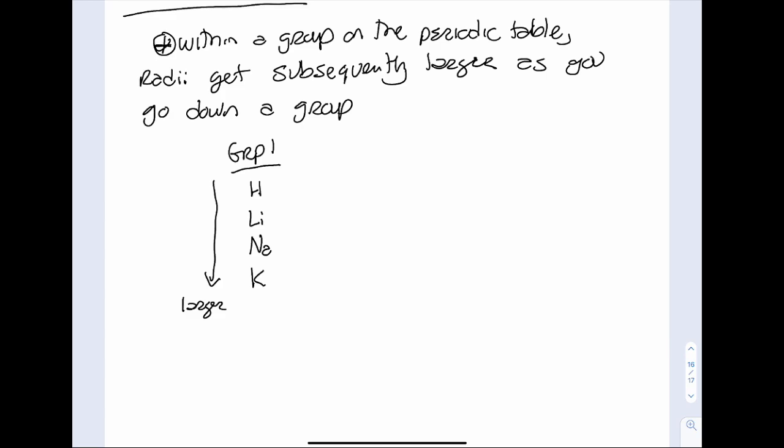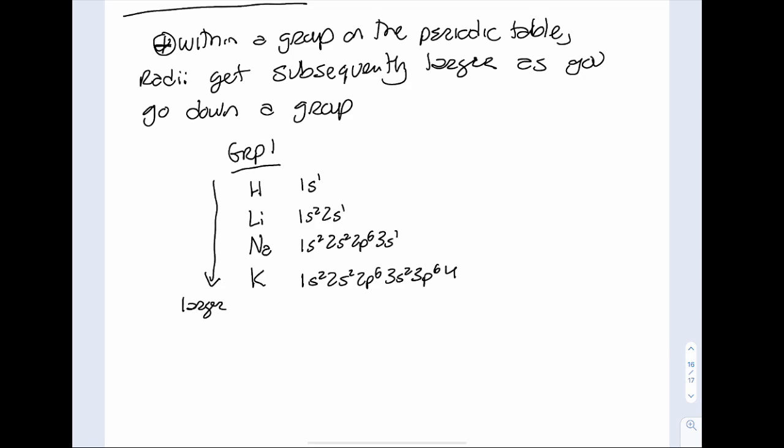If I was to write the electron configuration for hydrogen, 1s1, for lithium, 1s2, 2s1, sodium, 1s2, 2s2, 2p6, 3s1, potassium, 1s2, 2s2, 2p6, 3s2, 3p6, 4s1.